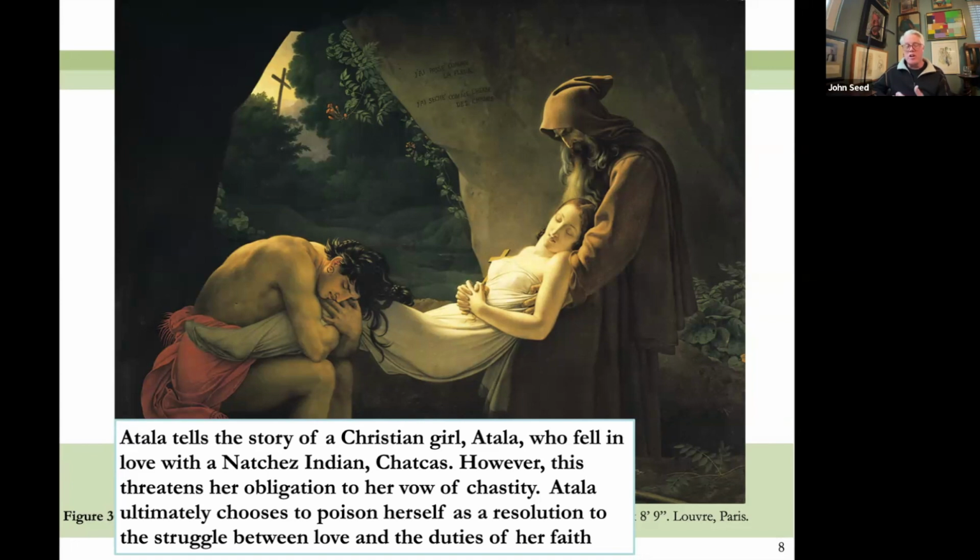However, because she was a Christian and this love threatened her obligation to chastity, she chose to poison herself to resolve this, to keep the duties to her faith. So it is an absolute tragedy, but you'll notice that one of the themes appearing in this moment is a theme of bringing back Christianity. You'll remember that Catholicism had been the enemy of the French Revolution in the late 18th century. Now it's making a comeback.